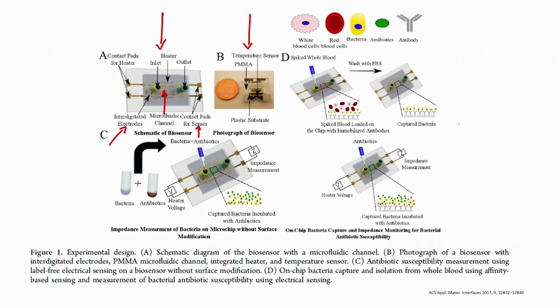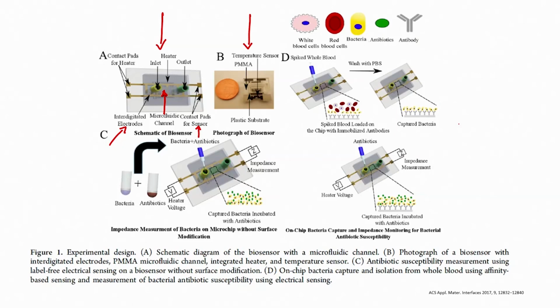And how is the experiment done? You see here white blood cells, RBCs, bacteria, antibiotics and antibody, you should remember this. The white blood cell has a gear-like design, which is not an actual representation of how a white blood cell looks; it is just a schematic to distinguish between the RBCs, WBCs, bacteria, antibiotics and antibody.